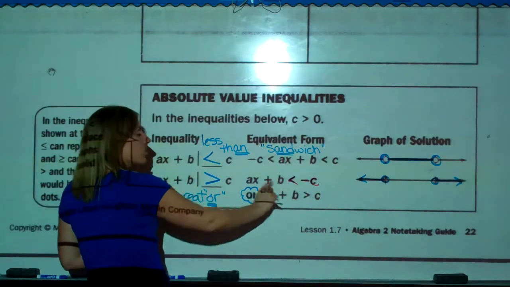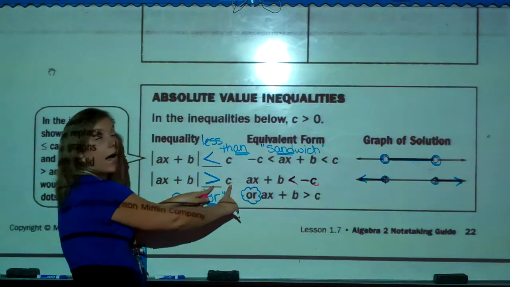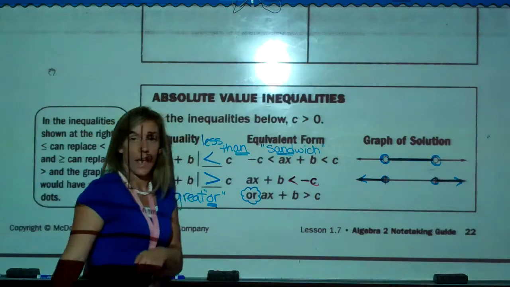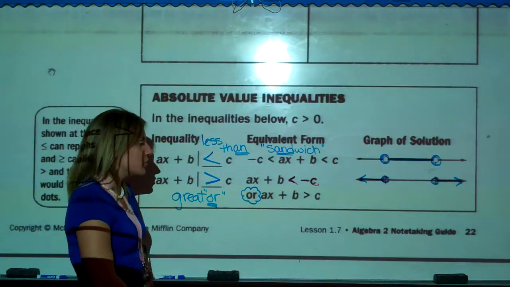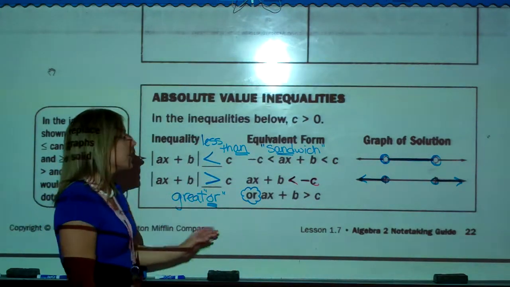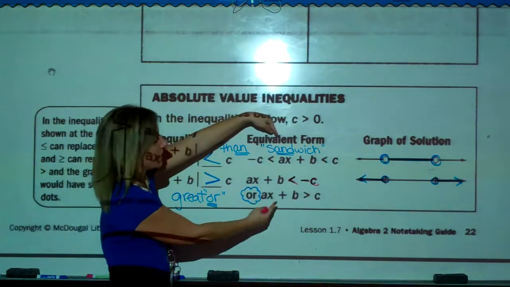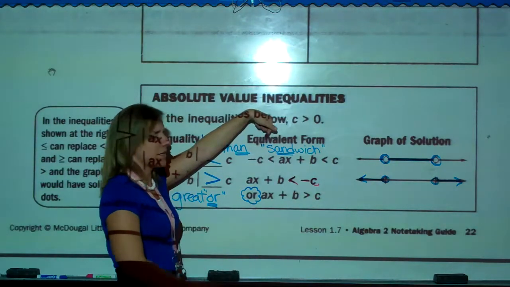So when you say AX plus B, when you do the opposite here, you do the opposite here. So it changes to less than negative C. Okay? And we're going to set this up and practice a few of them on the last page. So you'll see how we decide less than, greater, and then the setups as we do a few of them together. Okay? And then we'll practice more in class.